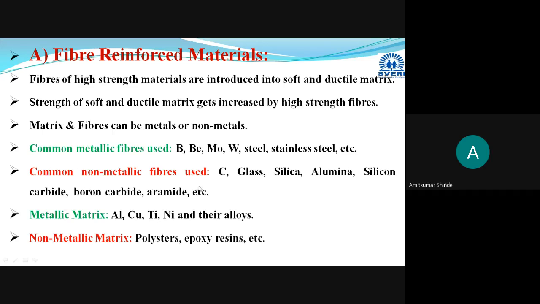Common non-metallic fibers are carbon and glass. Here we differentiate the matrix as metallic and non-metallic. In metallic you can use aluminum, copper, titanium, nickel and their alloys. And in non-metallics, different kinds of polymers like polyesters and different types of epoxy resins can be used.